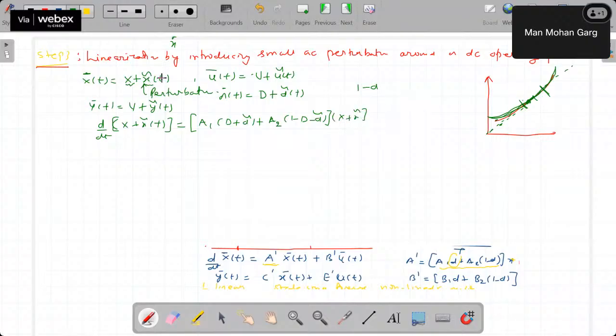I'm just not writing the t now, consider x tilde as the time value only, for simplification of the terms. Then plus b1 (D plus d cap) plus b2 (1 minus D minus d cap) times (U plus u cap). Let me first simplify this, then we will go to the y term.